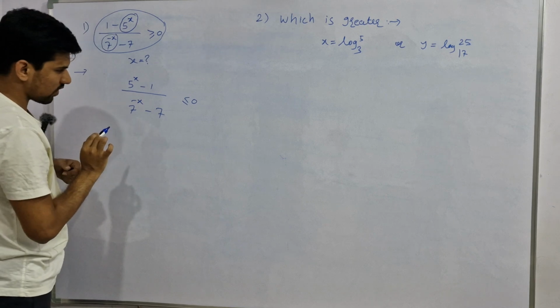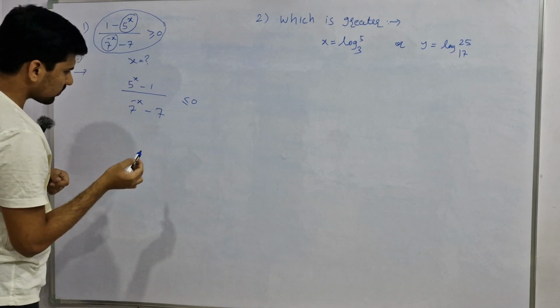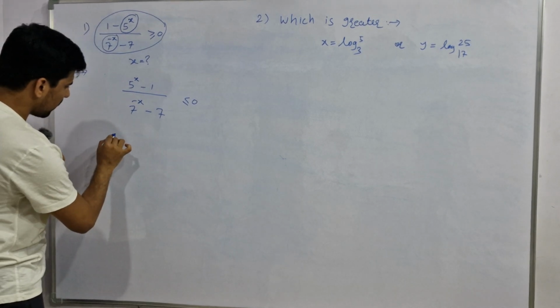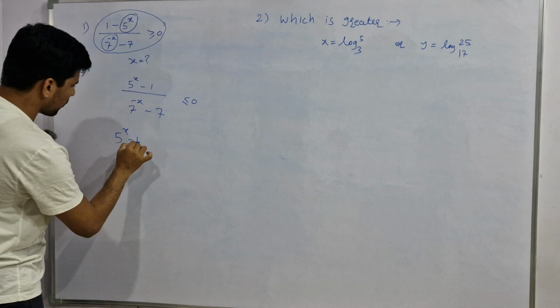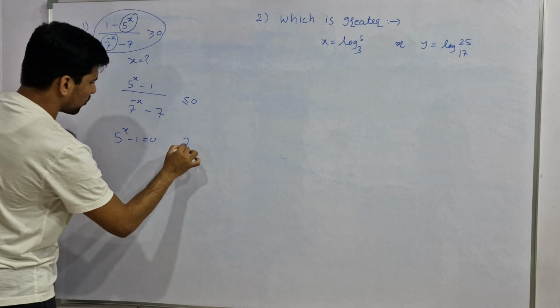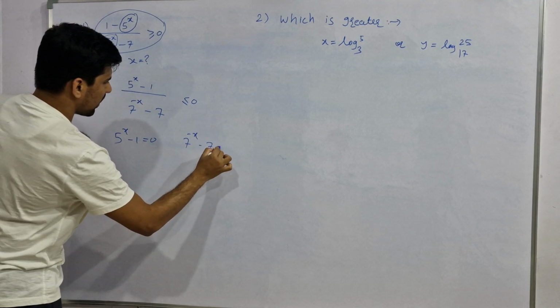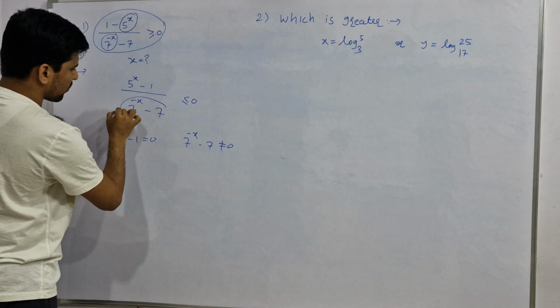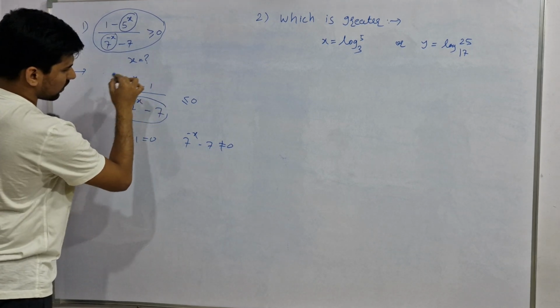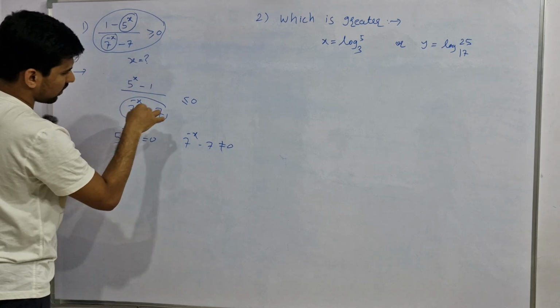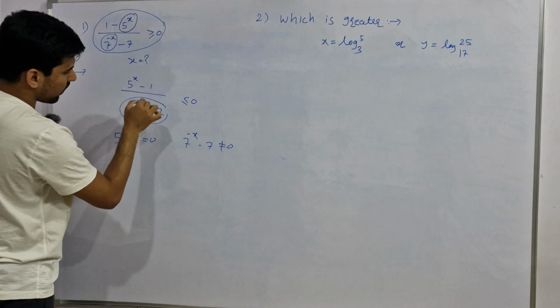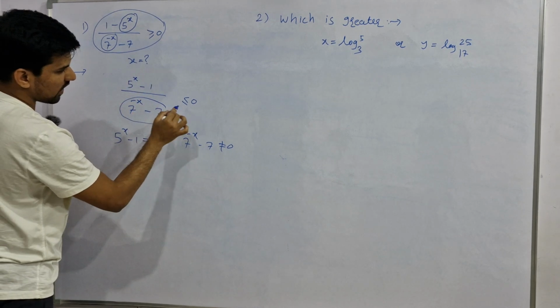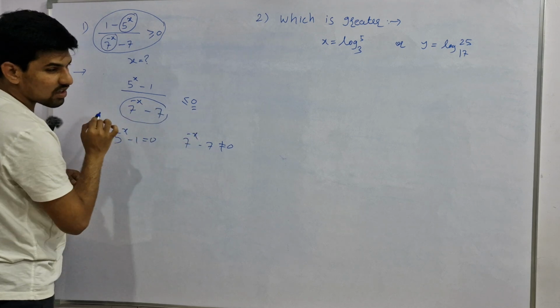Now we have this equation, so now we will solve. For example, 5 to the power x minus 1 is equal to 0 when x is equal to 0, and 7 to the power minus x minus 7 must not be equal to 0. If the denominator becomes 0, then the right hand side will become 1 by 0, which is infinity, but our right hand side is less than or equal to 0.